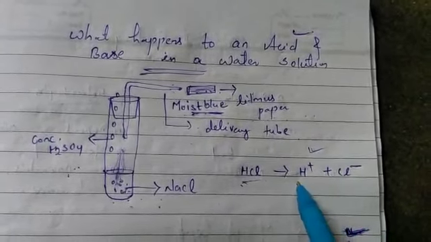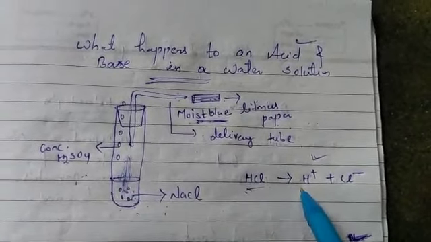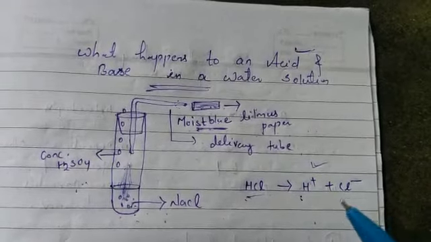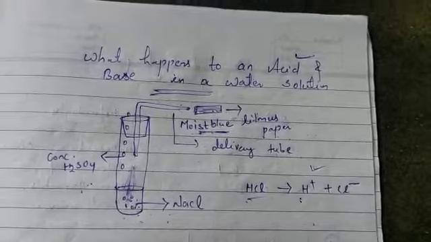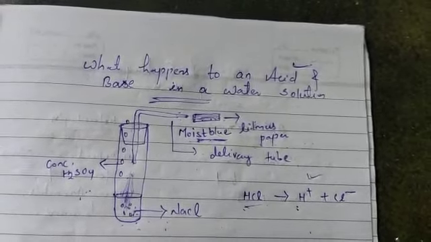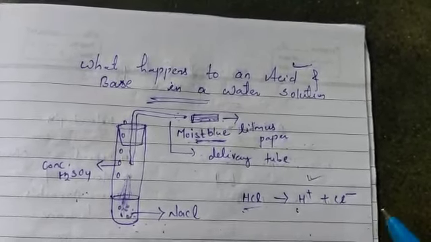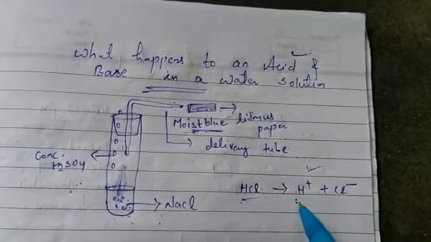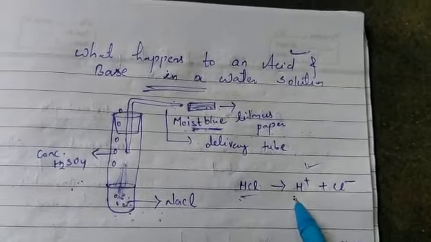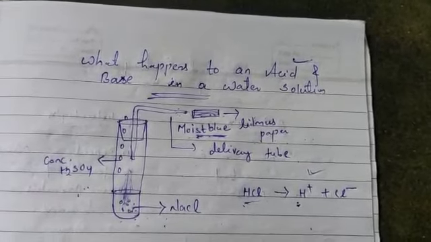But the H plus ion, or hydrogen ion, cannot stay alone. It suddenly reacts with water to give hydronium ion. It cannot exist alone, so it exists after combining with water molecules. After producing H plus ion, it again combines with water to give hydronium ion.